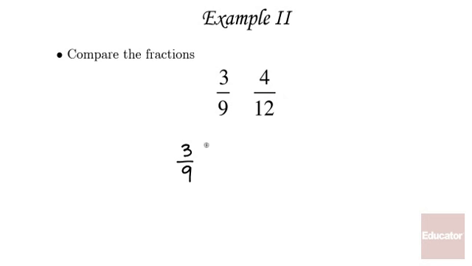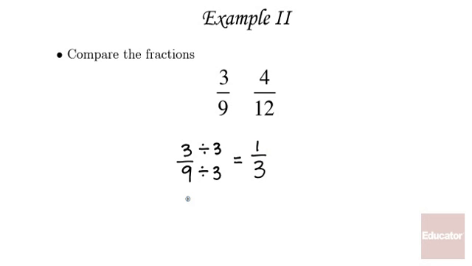So I'm going to change them so that I can look at this in a simpler way. So 3 over 9, if I divide a common factor of 3 into both numbers, is the same thing as 1 over 3. Okay? So out of 3 parts, this is 1.